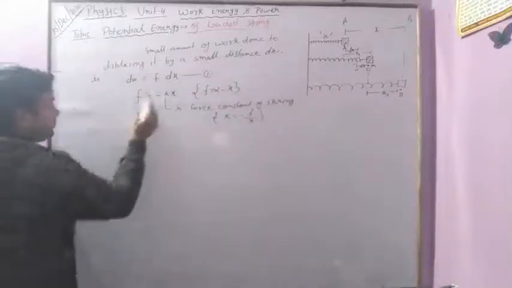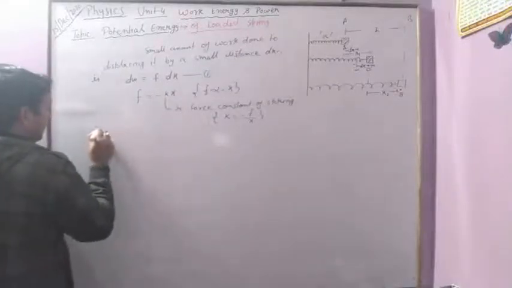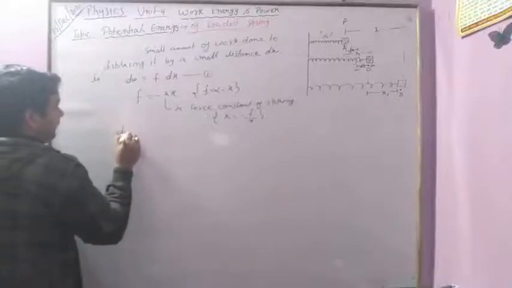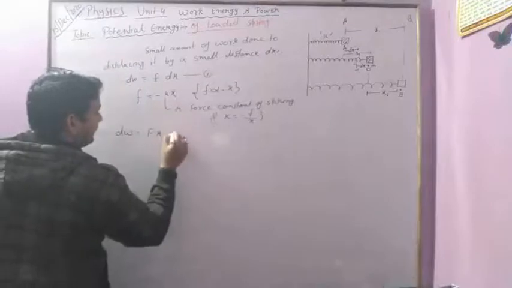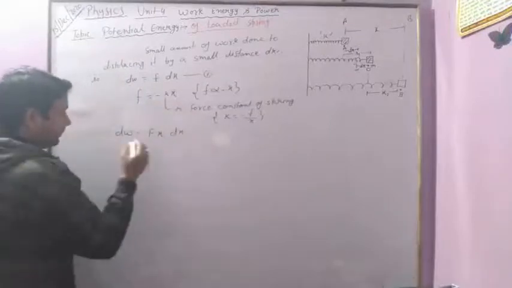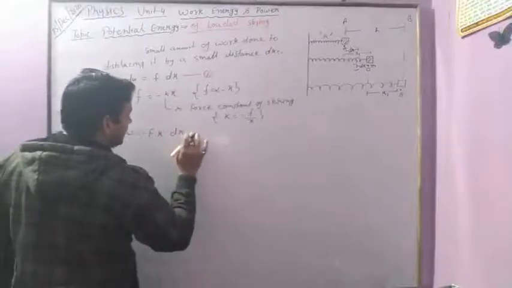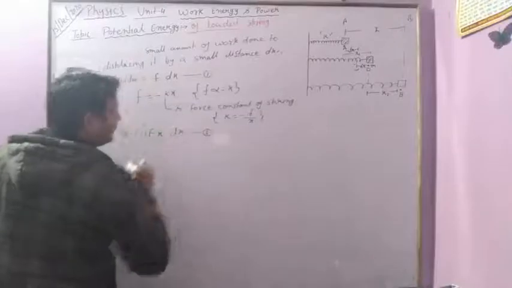Now, by using this, the small work dW is equal to minus Fx dx. This is equation second.